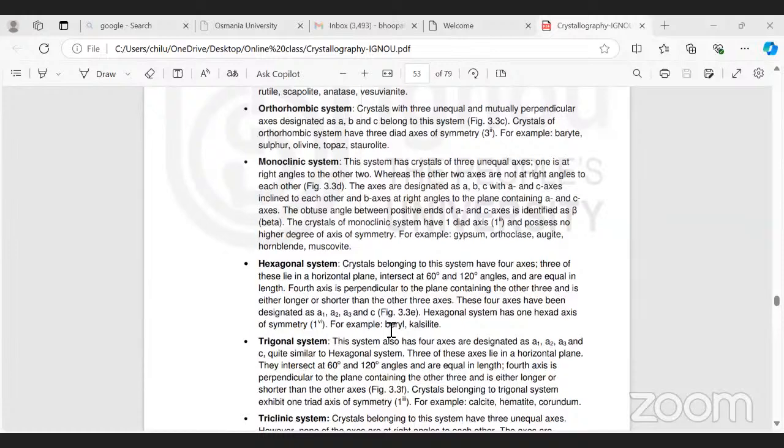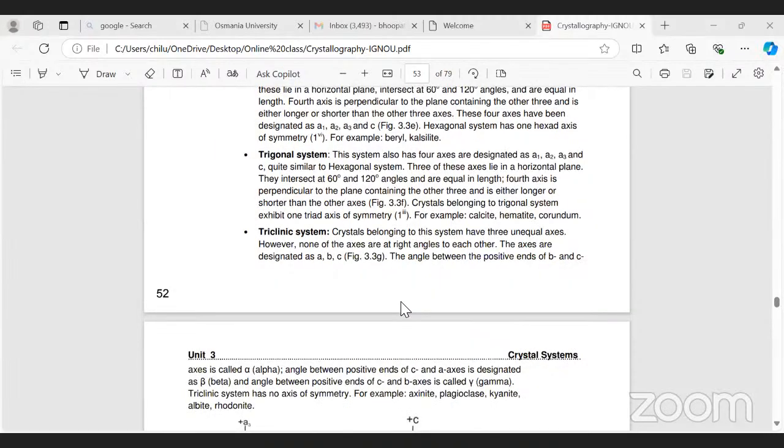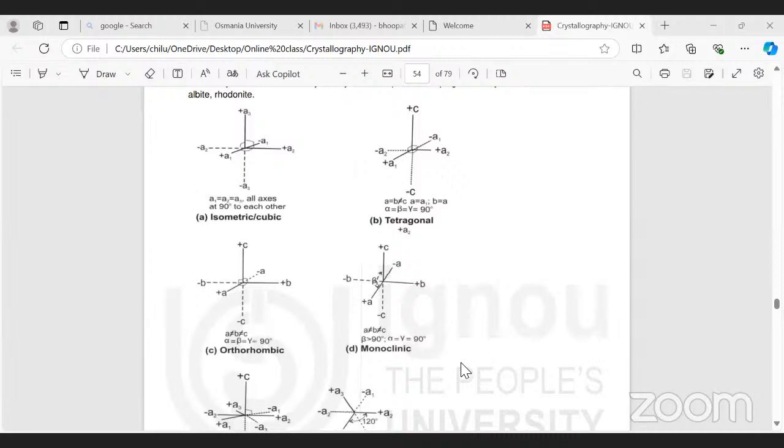Here beta is less than 90 degrees, and alpha and gamma, these two, are 90 degrees.